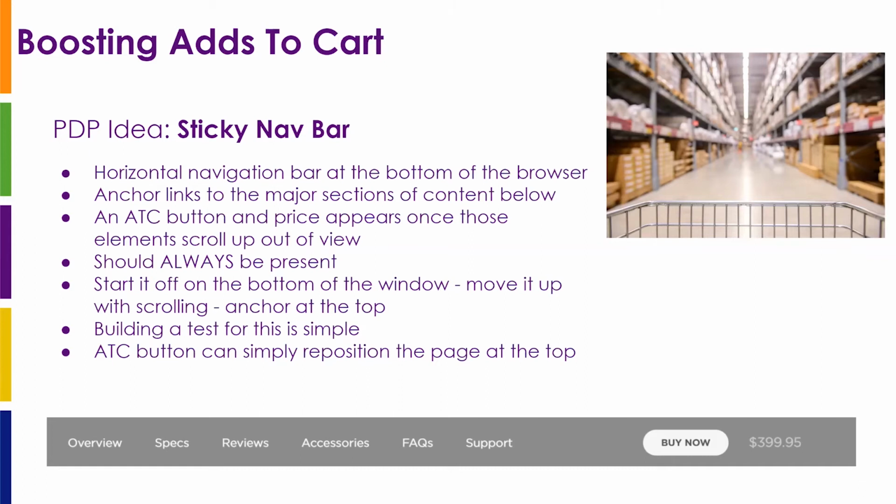So building a test for this is really simple, not complicated at all. And I know the buy now button or the add to cart button may have some complexities, so don't sweat it. For the sake of the test, and actually probably for the sake of implementation as well, this navigation bar button could simply take you to the top of the page where they'll see the other add to cart button.